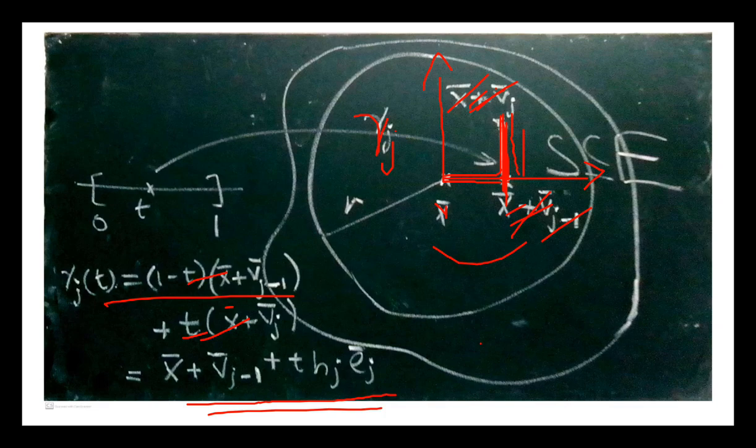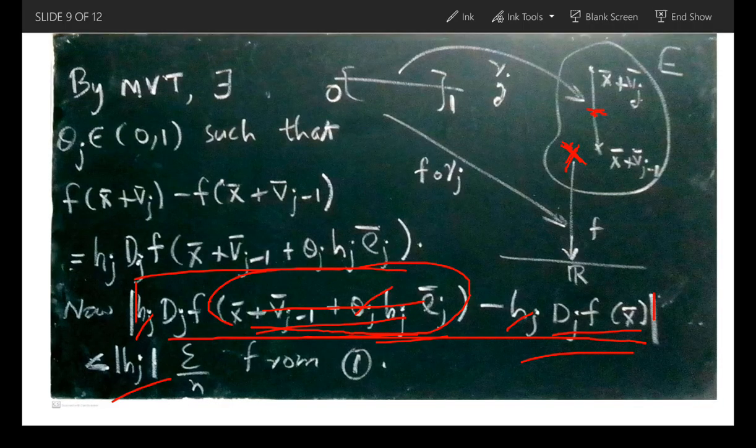So this point lies within a distance less than r from the point x. So the distance between them is less than epsilon by n. So it is less than |h_j| times epsilon by n. Hope you understood so far. Let us move to the next slide.